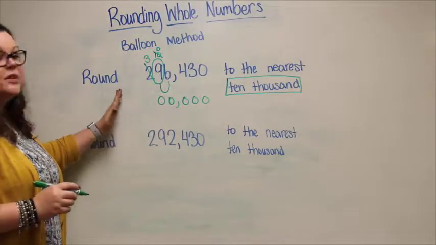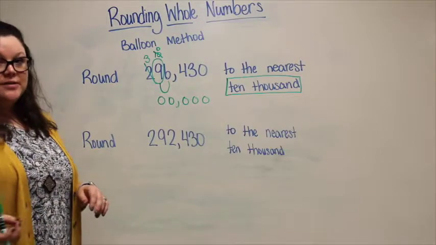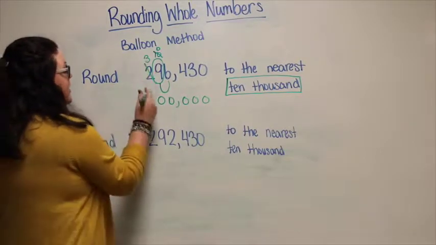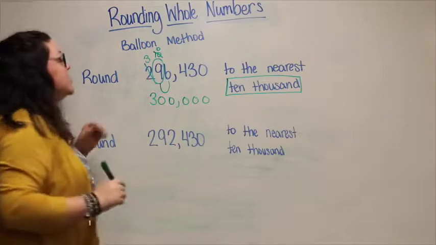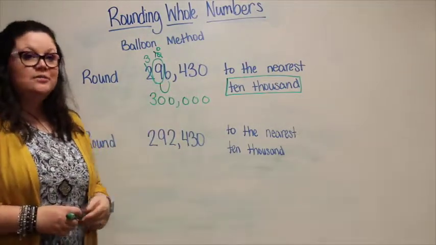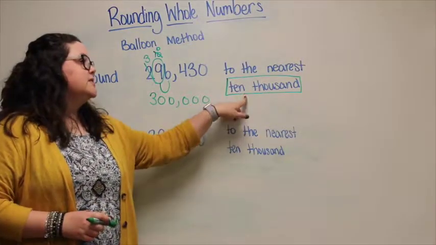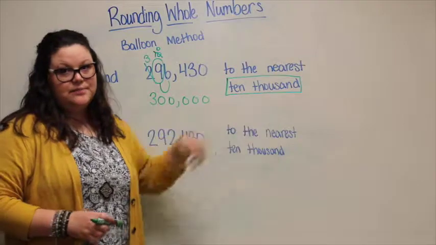Everything to the left of this place value, it's greater, it is going to stay the number that it was. So this was a 3. So I could say 296,430 rounds to 300,000 when rounded to the nearest 10,000.